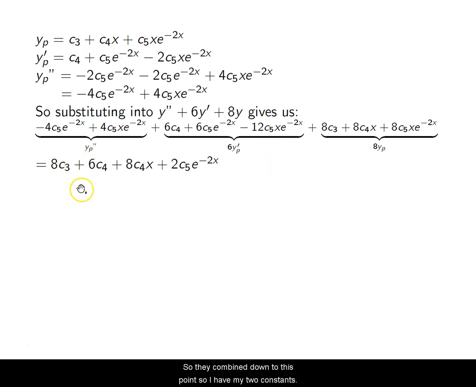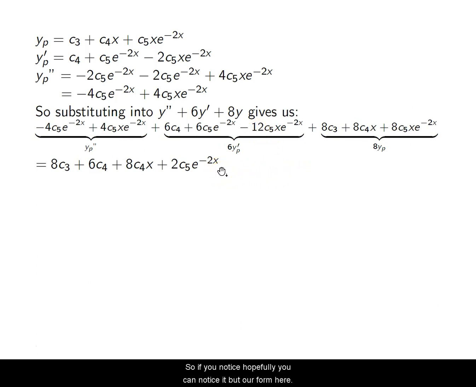So I have my two constants, my one single term that has just the x, and if I combine all of my values that have e^(-2x), I get here, and all the xe^(-2x) terms cancel, right? 4 and 8 is 12, minus 12, they go away.